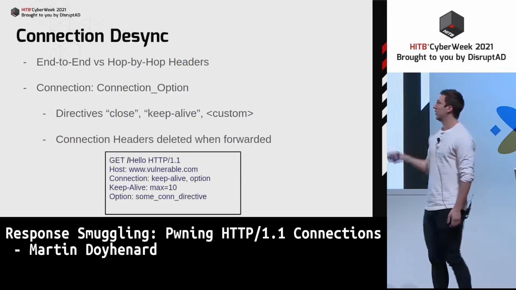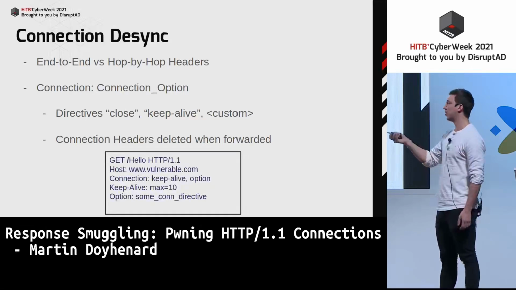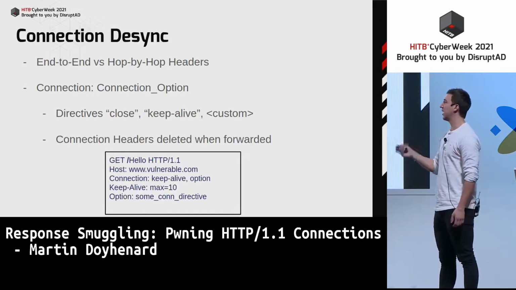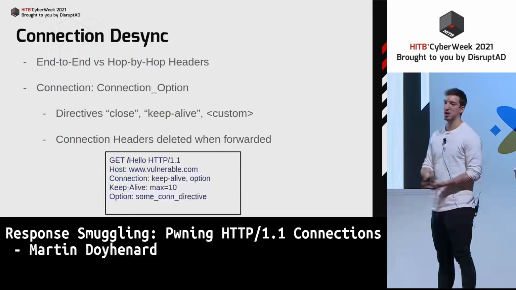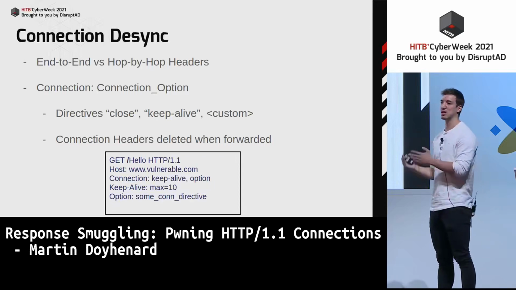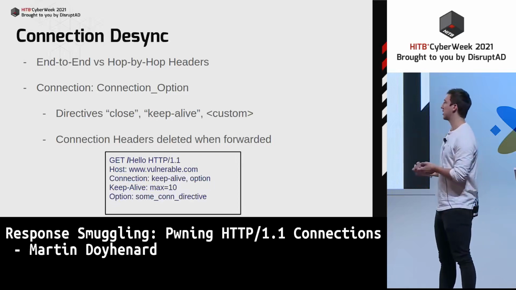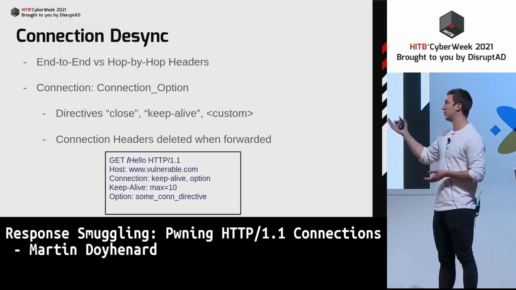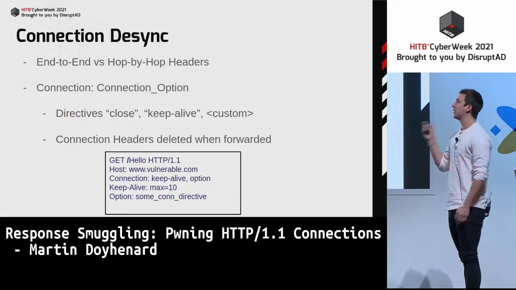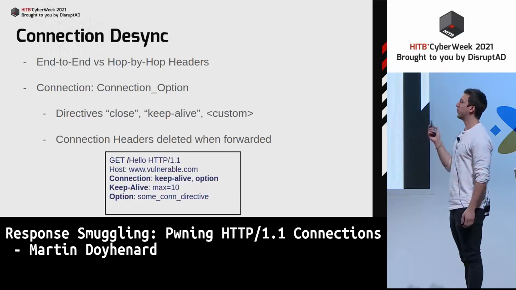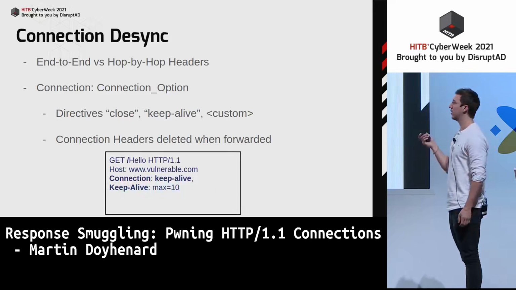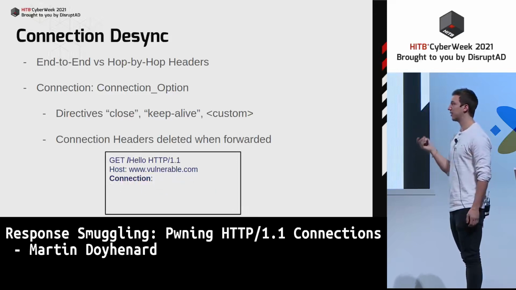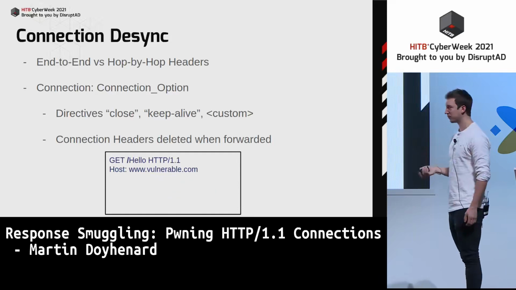So as an example, if we send a request saying we have the connection keep-alive and the option value, then we can set a keep-alive header to say how many requests should be used in the same persistent connection. But also we can set an option header, which is the value we set in the connection. And what this causes is that the proxy, before forwarding this request, will delete the option header and the keep-alive header, as well as, of course, the connection header.